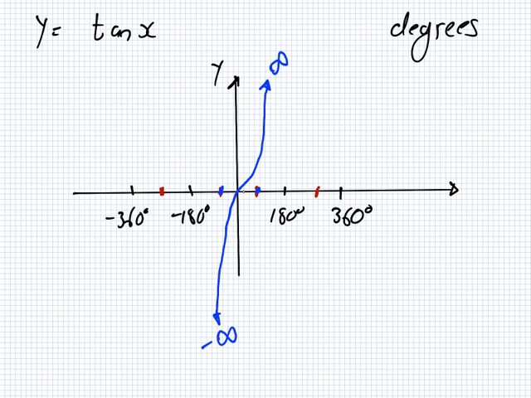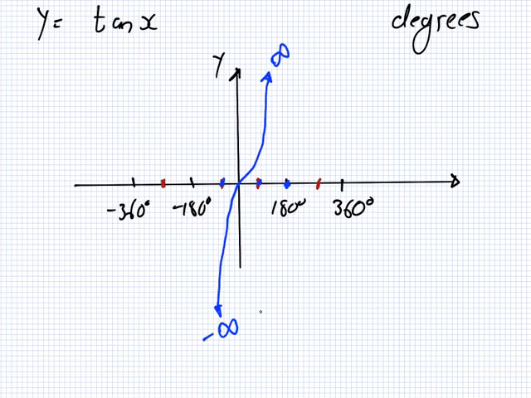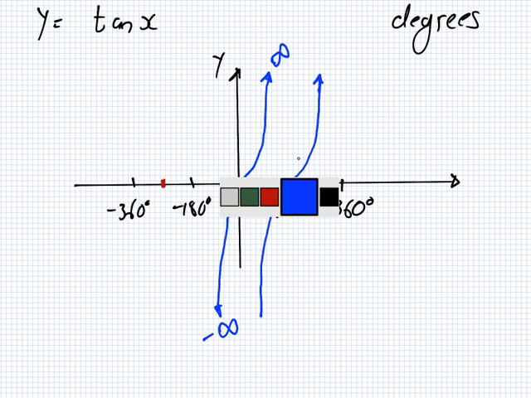And then the graph starts, it looks the same again at 180. So it is at minus infinity here. And the same again at minus 180.